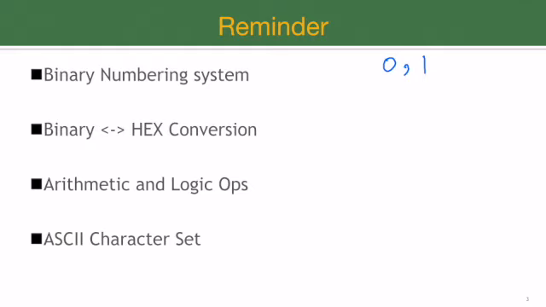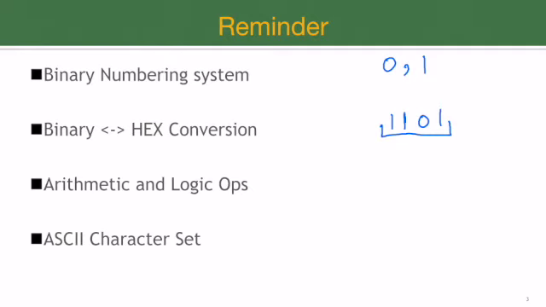We also discussed the conversion. We talked of hexadecimal numbering system, and then we talked of conversion between binary numbers and hexadecimal numbers, where we saw that 4 bits combined together can be converted into an equivalent hexadecimal number. And that way, arbitrary number of binary bits can be converted into equivalent hexadecimal number.